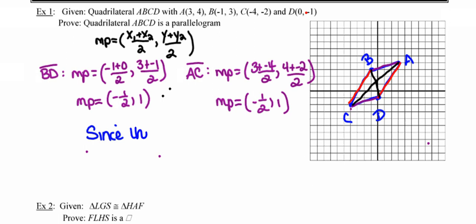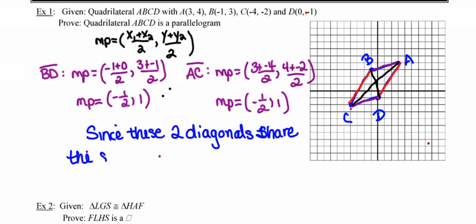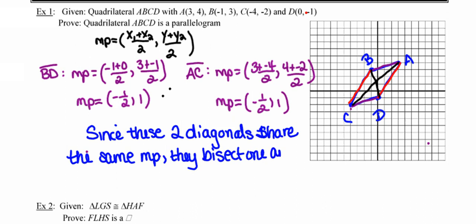So since these two diagonals share the same midpoint, the fact that the diagonals bisect one another makes ABCD a parallelogram.